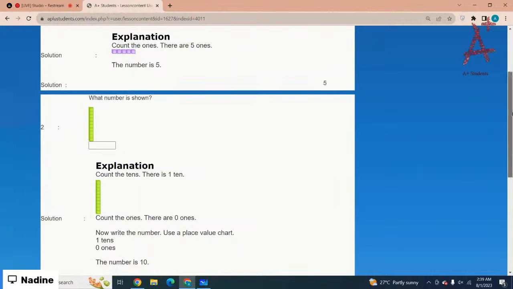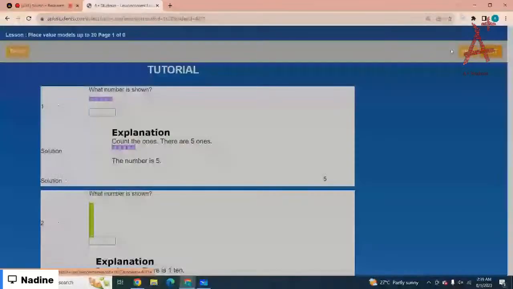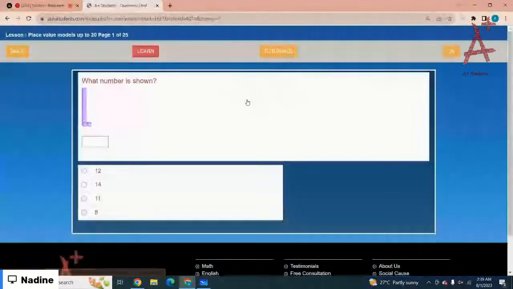Let's just start with the practice questions. What number is shown? Which is the correct option? You have to count by 10, so you have 1 ten and 2 ones. So it represents 12. The correct option is 12.